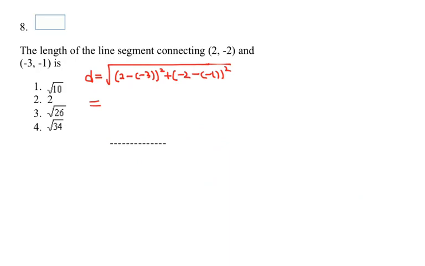Then the first one becomes square root of 5 squared plus the second one becomes negative 2 essentially plus 1, so it becomes negative 1 squared. Now then it becomes 25 plus 1. We get square root of 26. Choice 3 becomes our answer then.